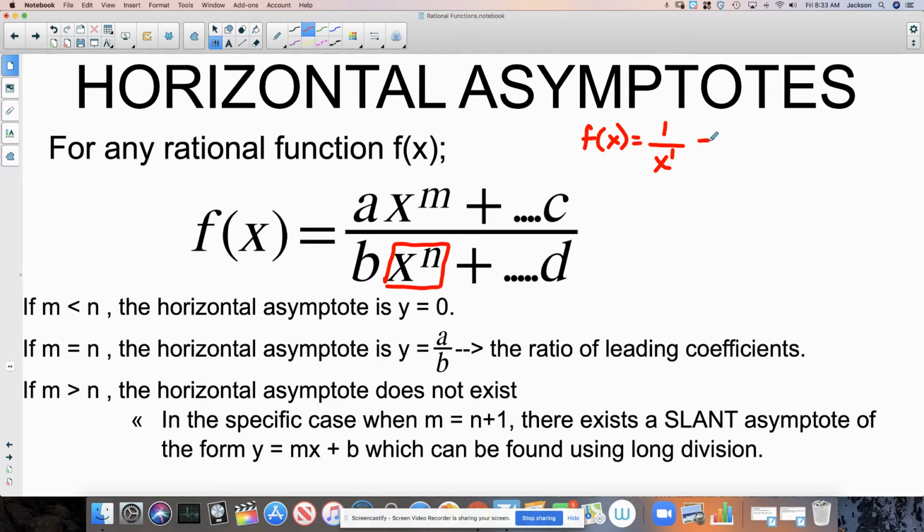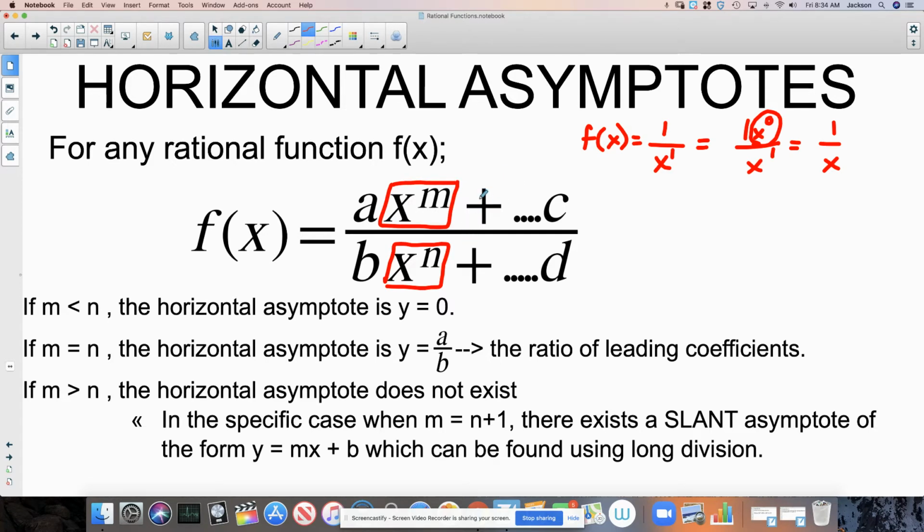If we wanted to get super weird with it, we could say that this is 1x to the 0 over x to the first, because anything to the 0 power is 1. So again, this simplifies to be 1 over x. So technically speaking, even if we don't have x in the numerator, we could call it x to the 0. But a lot of these rational functions do have another x term in the numerator as well.